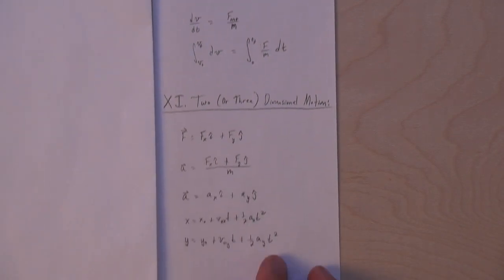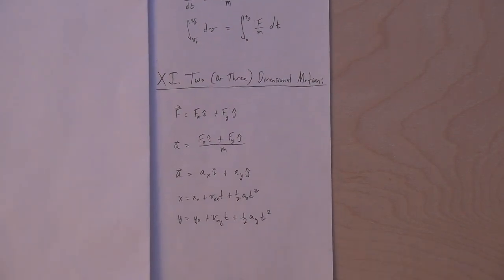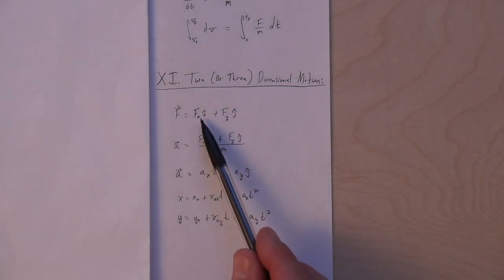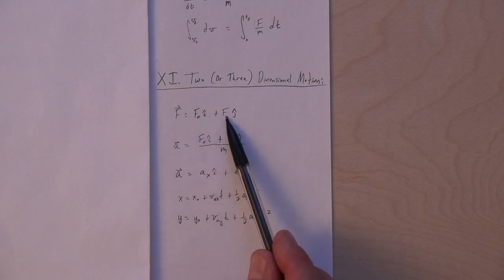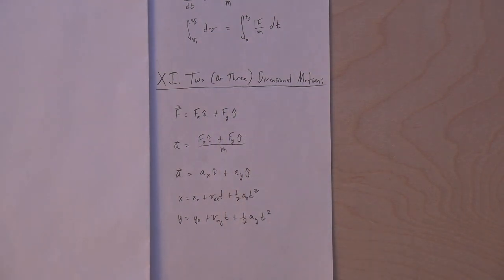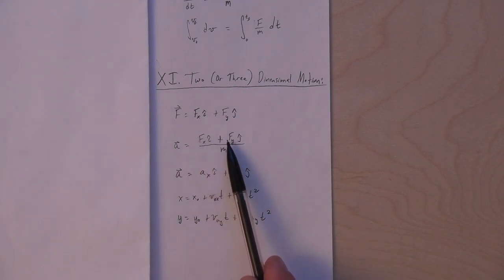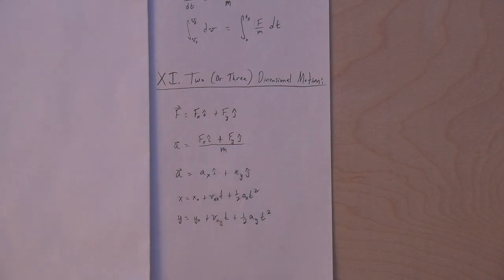The final thing, not very common, pretty rare, is acceleration in 2 or more dimensions. So you might be told the force in component form, 2 newtons in the x direction plus 3 newtons in the y direction, for example. You could find the acceleration by just taking 2 i hat plus 3 j hat and dividing by the mass.